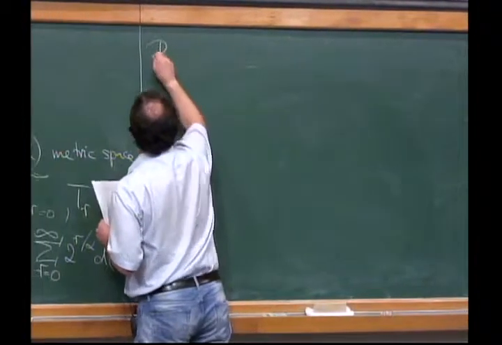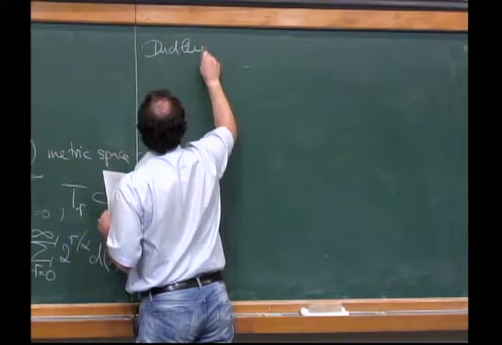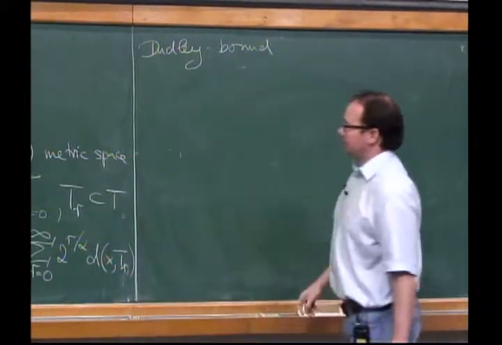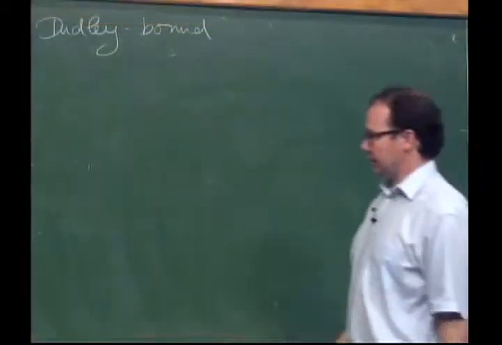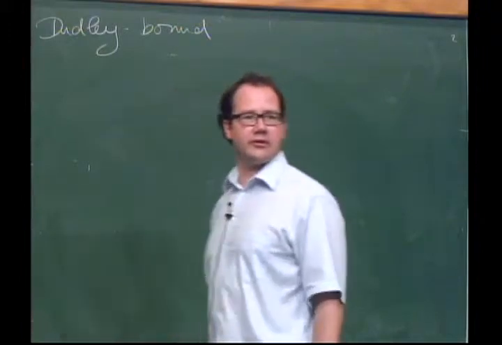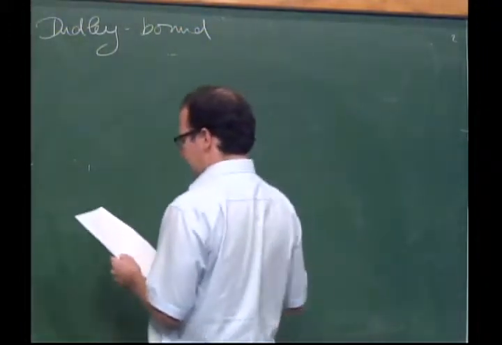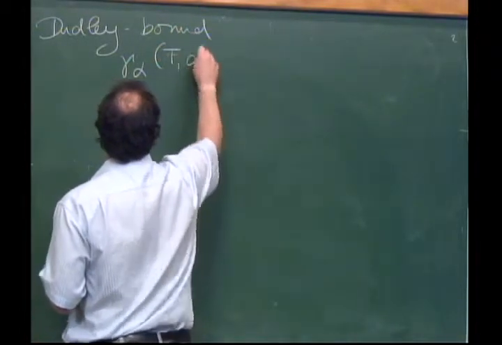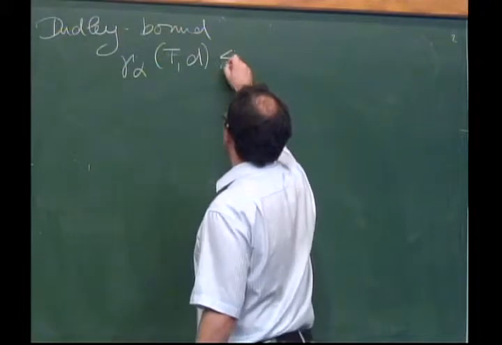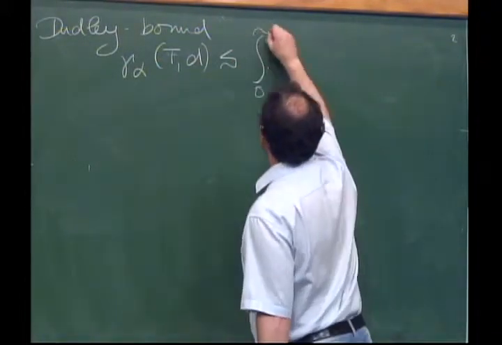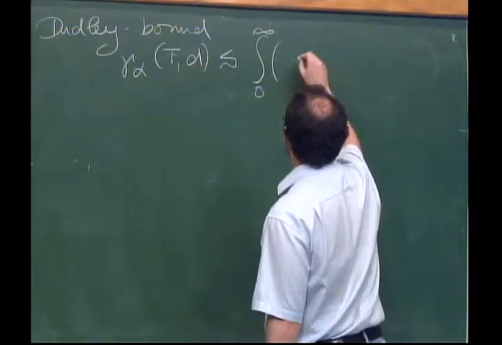But there is a useful bound, which is also what we applied in order to actually bound this quantity in the end for the particular situation that we have for this type of matrices. So this says that gamma alpha of T can be bounded by a constant times a certain integral.